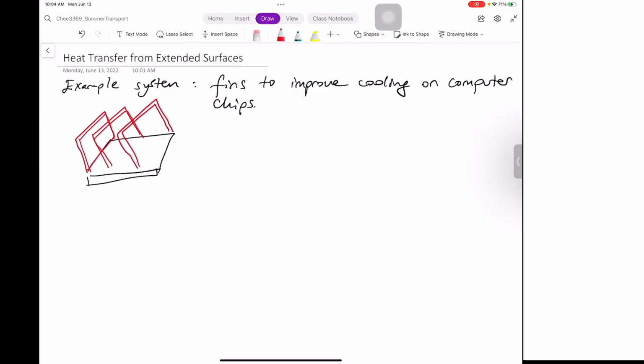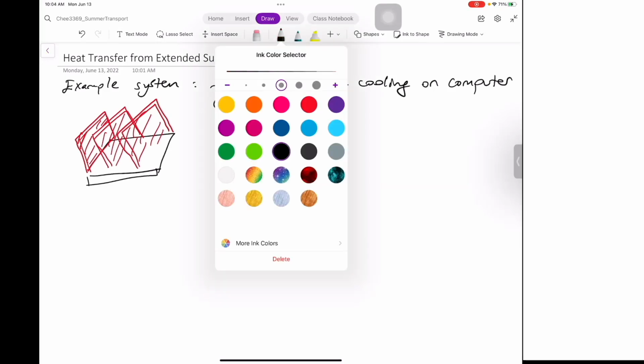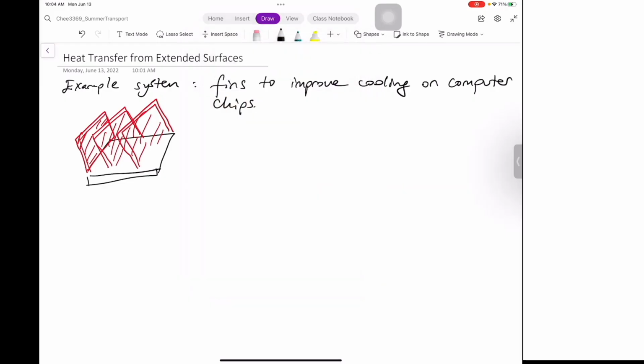One can draw it in a much nicer way, but these are what we call fins, so that the structure has a larger surface area, so that the cooling can be made faster.